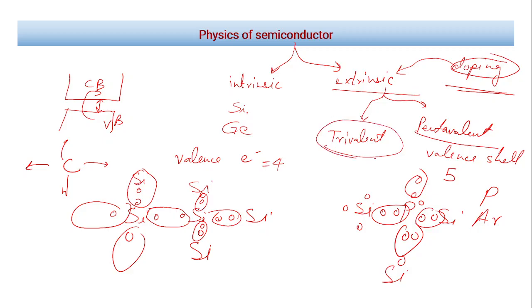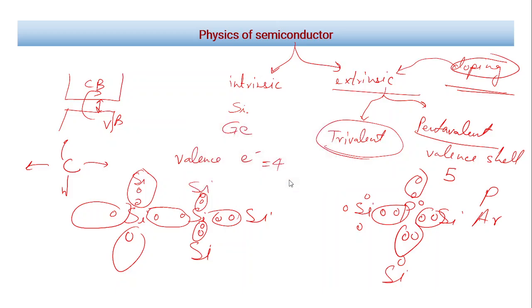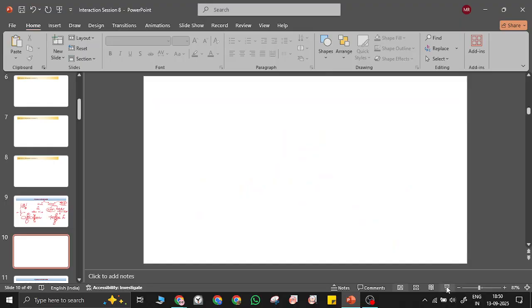When we introduce or dope a trivalent atom, the valence shell has only 3 electrons, and this would be the example of a p-type semiconductor.